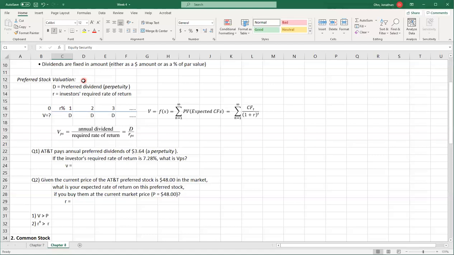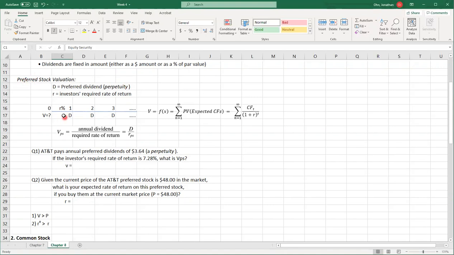Preferred stock dividend: as I said, the preferred dividend is fixed forever. This cash flow is called a perpetuity.